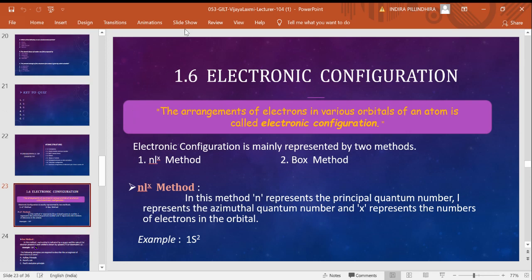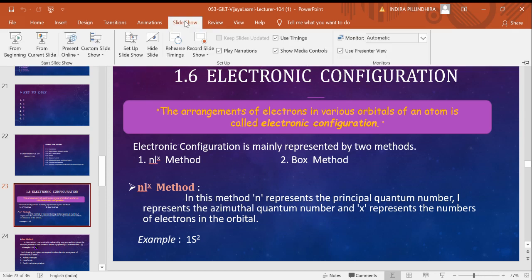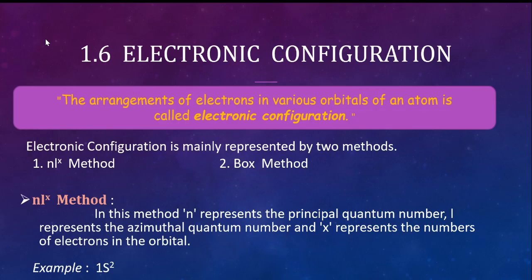From here we will start how to write the electronic configuration. The electronic configuration is nothing but the arrangement of the electrons in various orbitals of an atom. That means the electronic configuration deals with the arrangement of the electrons in different orbitals.